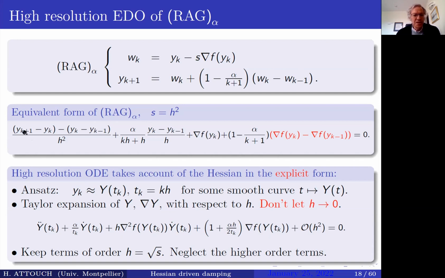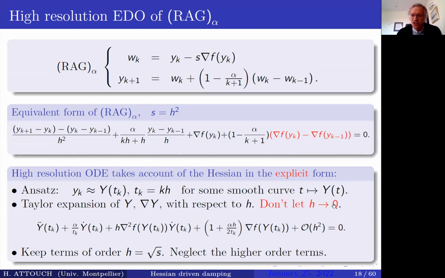Then you replace yk by capital Y of tk, and you do Taylor expansion. In the classical, low resolution ODE, when you make the Taylor expansion, you just retain the term of order 0. That is to say, you let h go to 0. But doing so, you lose information.